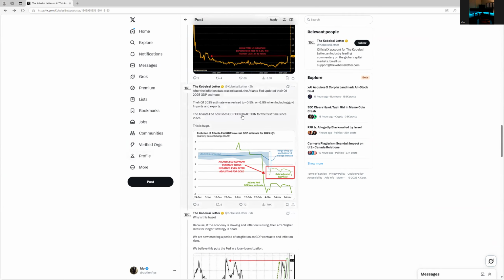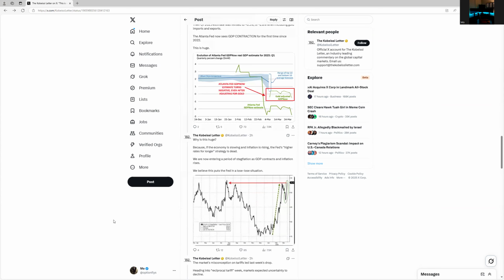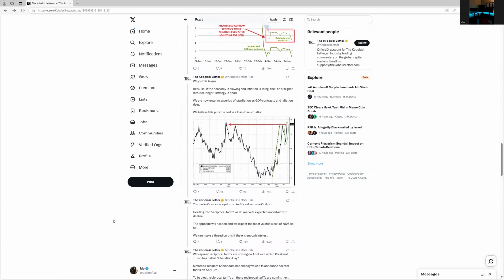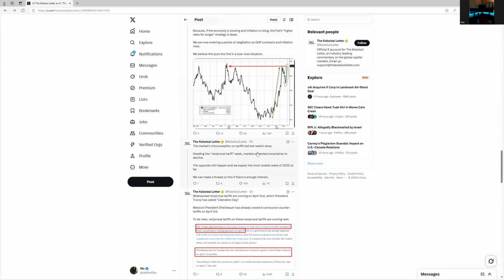Atlanta Fed now sees GDP contraction for the first time since 2022. If the economy is slowing and inflation is rising, the Fed's higher-for-longer strategy is dead. We're now entering a period of stagflation as GDP contracts and inflation rises. Consumption of tariffs last week drove heading into a reciprocal tariff week and market expectancy to decline.